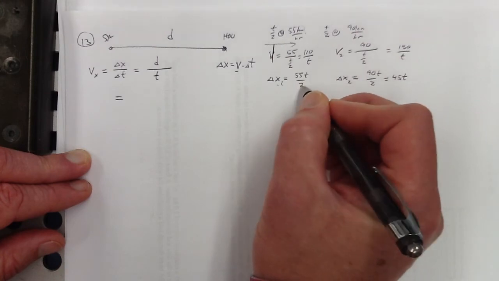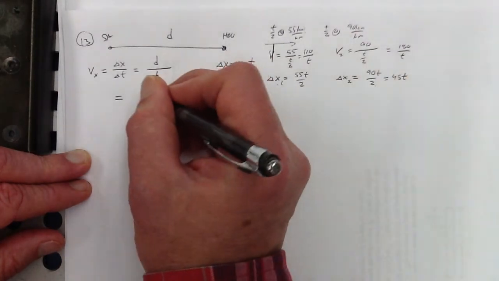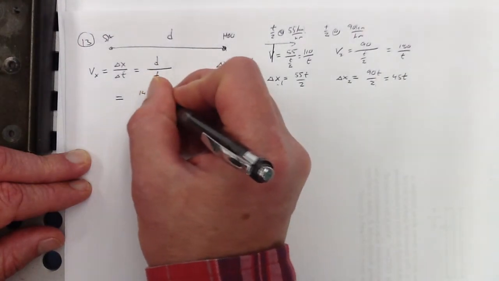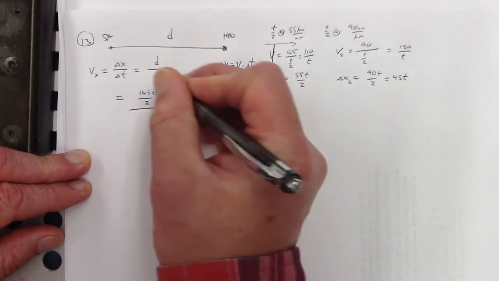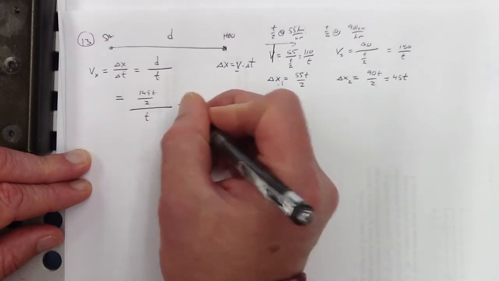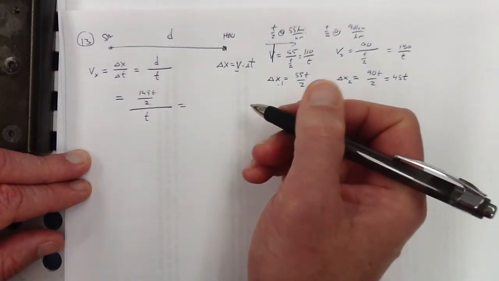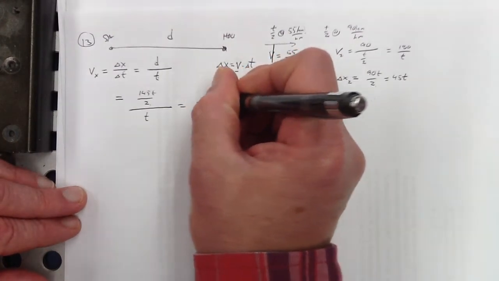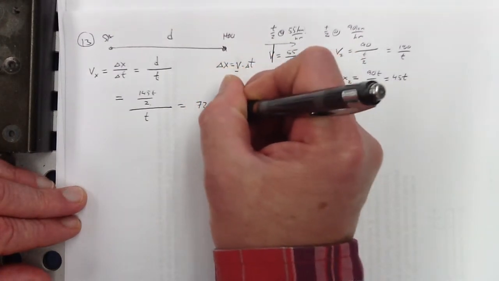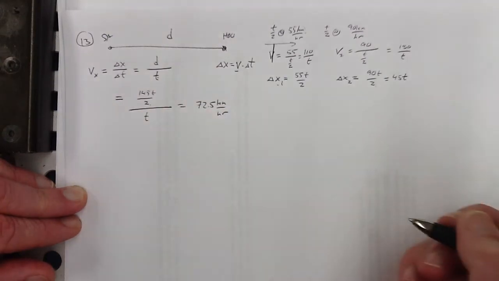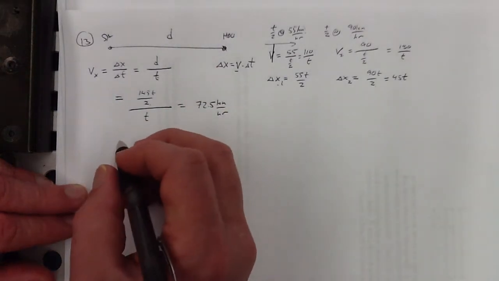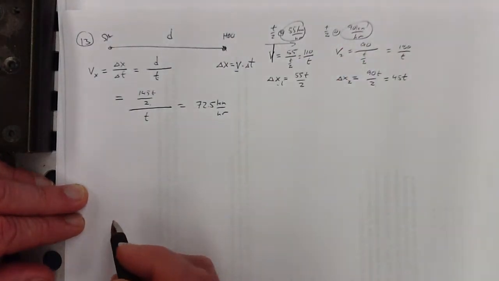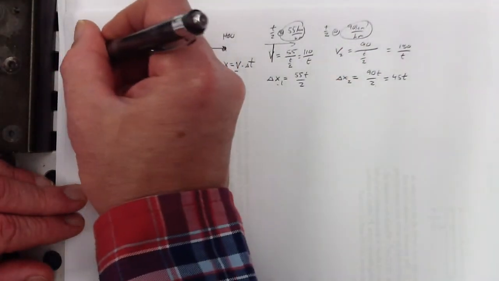So that's 55t over 2 plus 90t over 2, or 145t over 2, over t. So 145 divided by 2 is about 72.5 kilometers per hour, right? And that's actually the average of those. That's for part A.